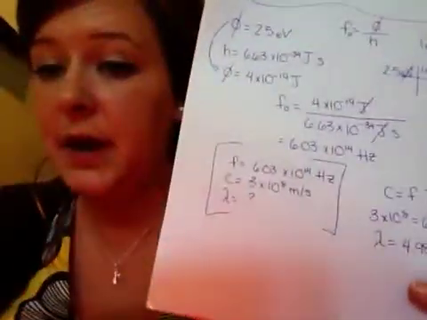So that's our answer. Now sometimes, especially on those multiple choice questions, they ask you stuff like, maybe you get it solved for 4.98 times 10 to the negative 7th meters, but let's say they want it in nanometers. So if they want it in nanometers, all I have to do is what? What do I do here? Do we know? If I want this in nanometers, I'm just going to divide that number by 10 to the negative 9th.